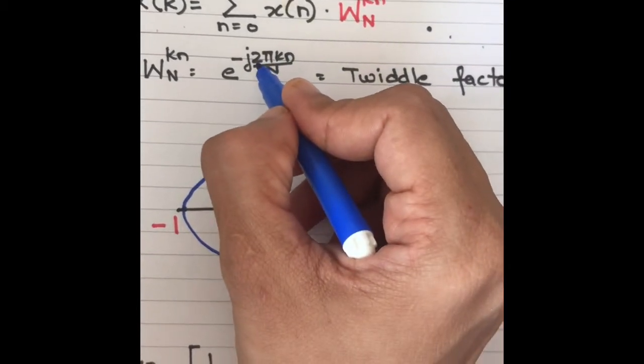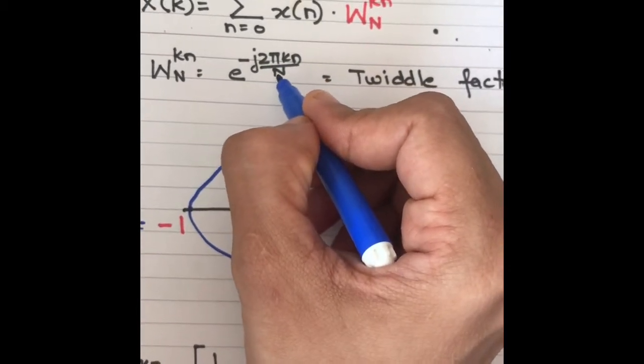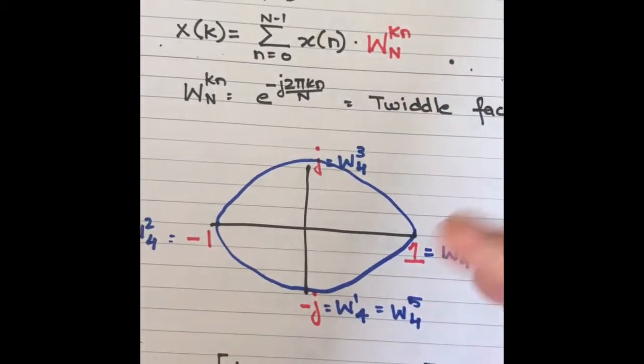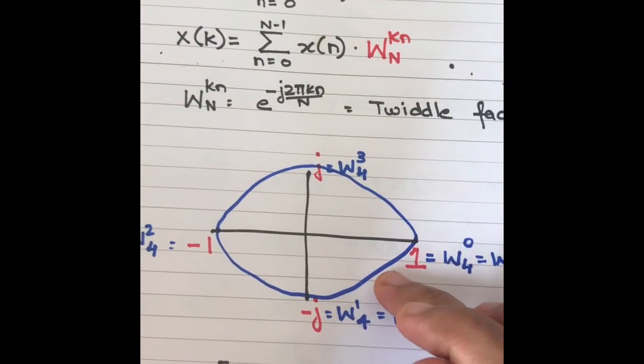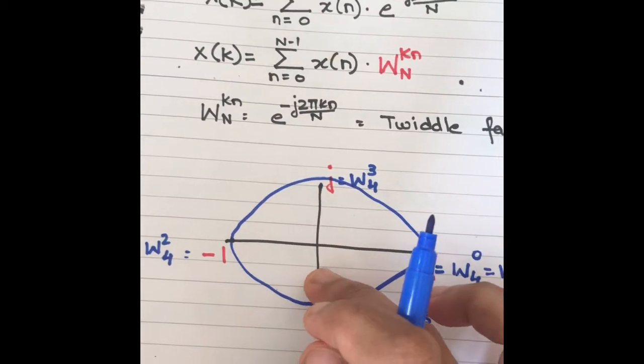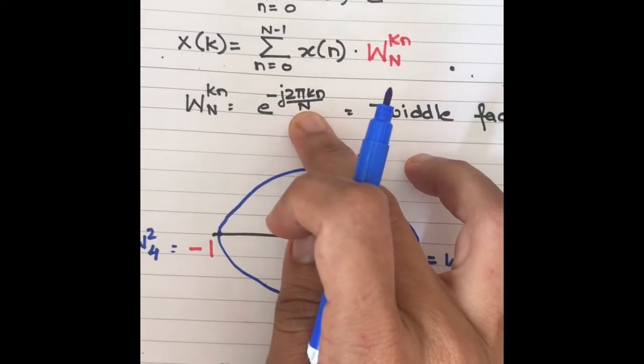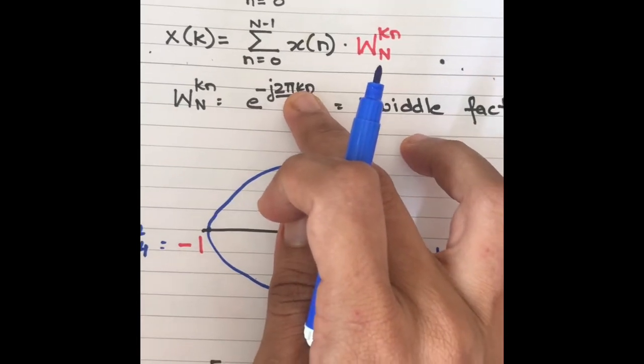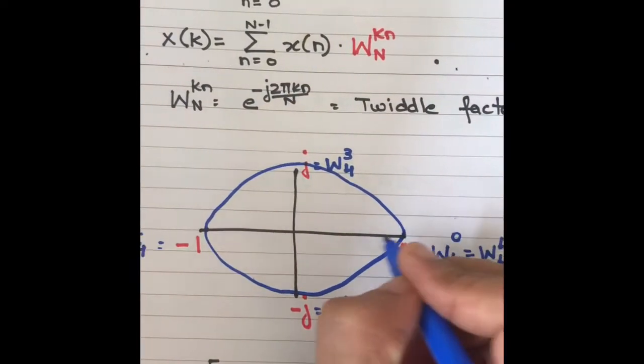So this entire range of 2 pi, we are dividing into N parts. Here I have divided it into 4 parts, 1, 2, 3, 4. So for capital N equal to 4, kn denotes the index.